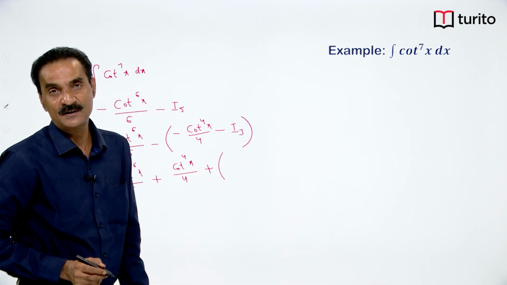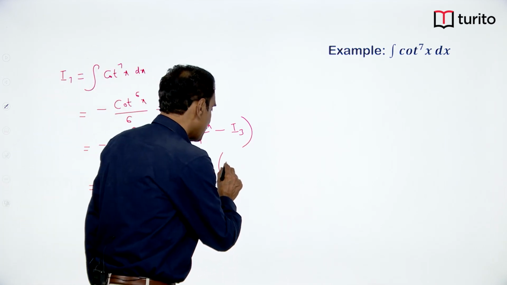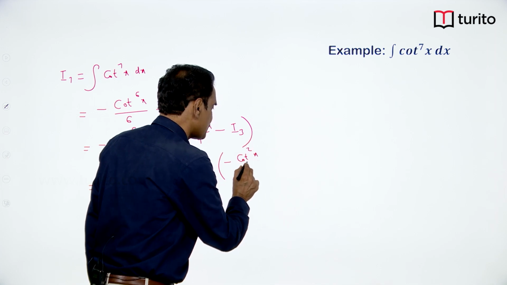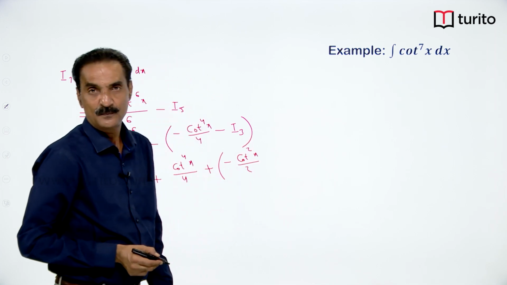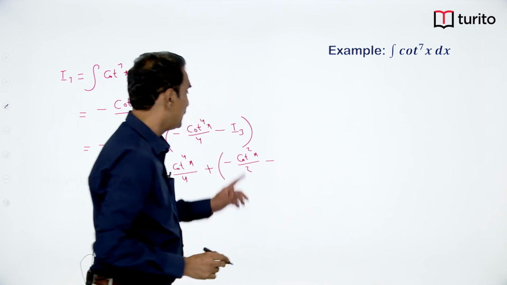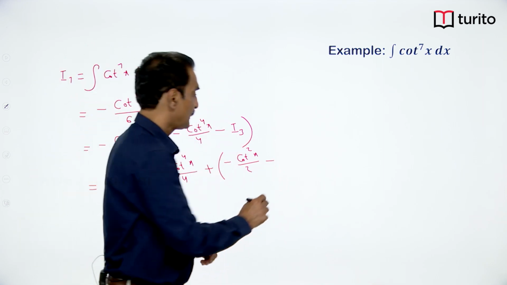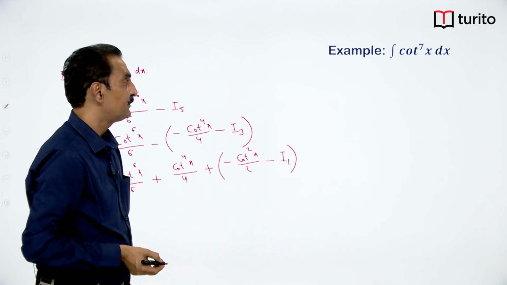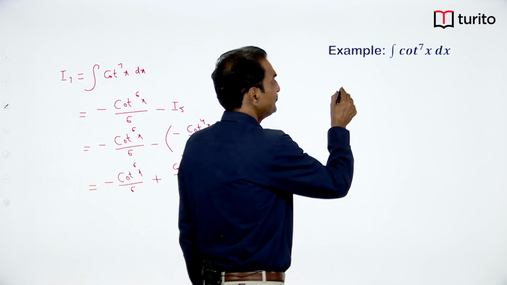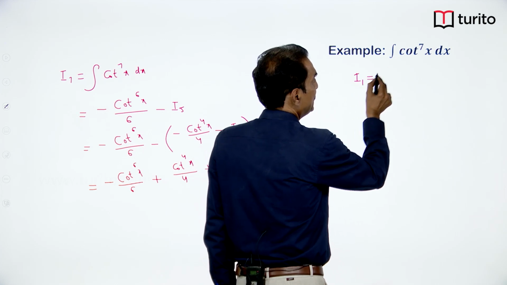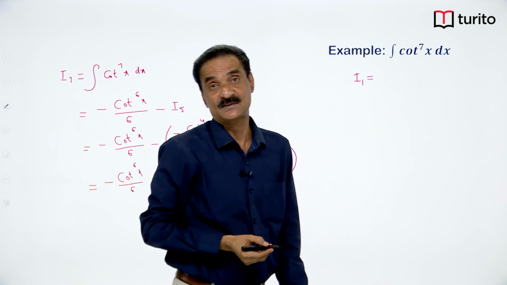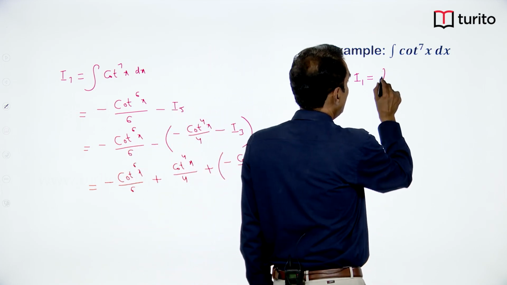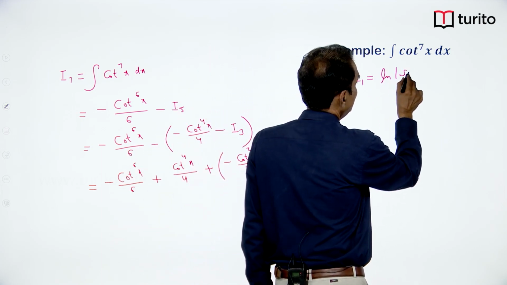Taking n is equal to 3 in the formula, you will get minus cot square x by 2 minus I1. Okay. What is I1? If this power is 1, integral cot x is log mod sin x. So, when you get I1, you will write log mod sin x.